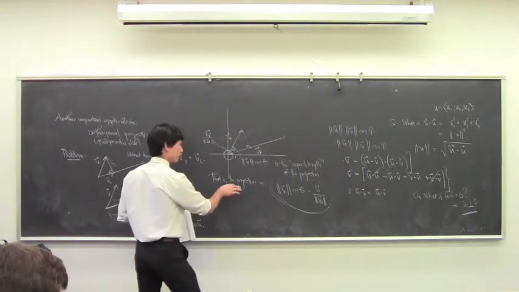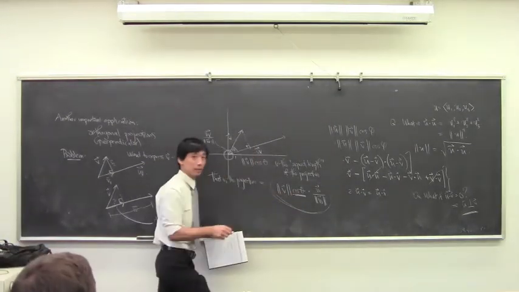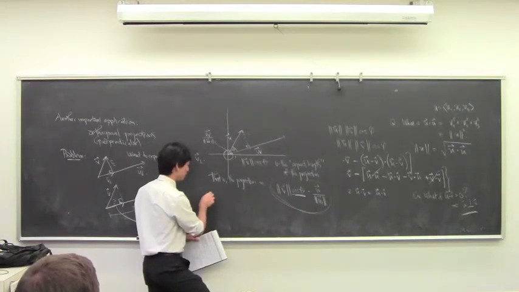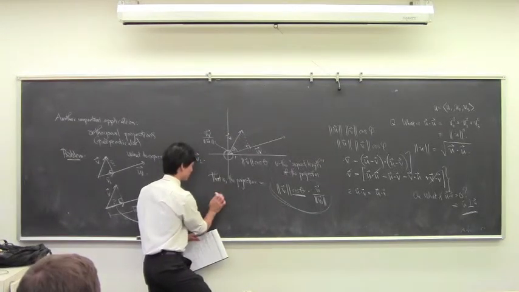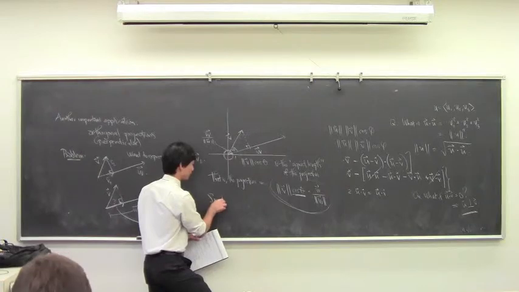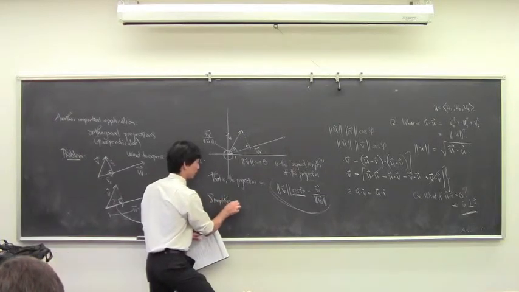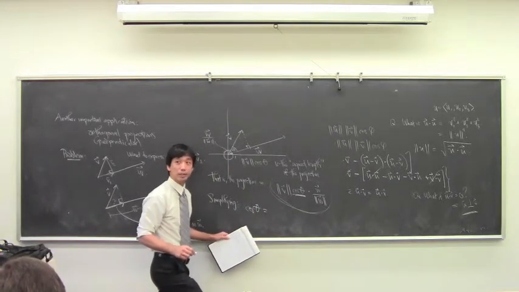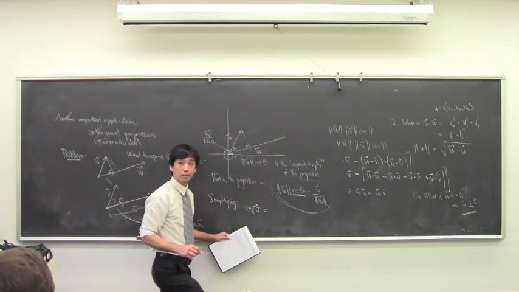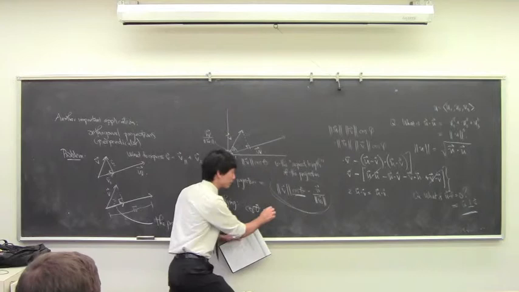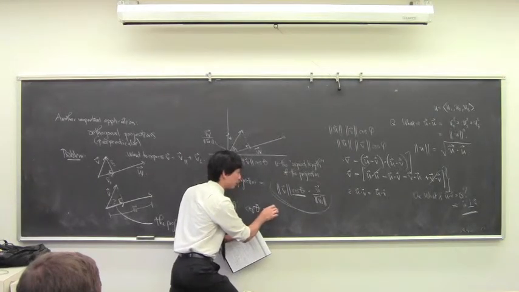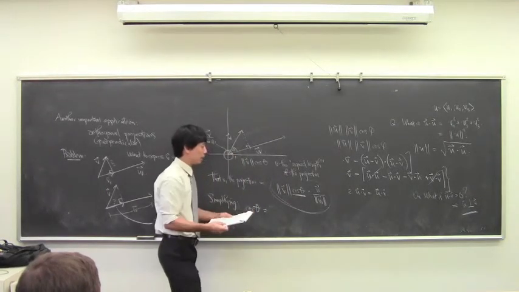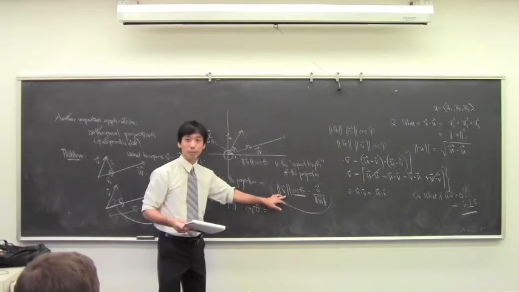But remember, we can make this a little bit cleaner. Let's clean this up. Simplifying. What's the cosine? You recall what the cosine is in terms of the dot product and the magnitudes.